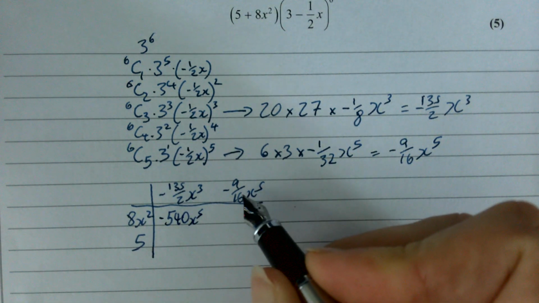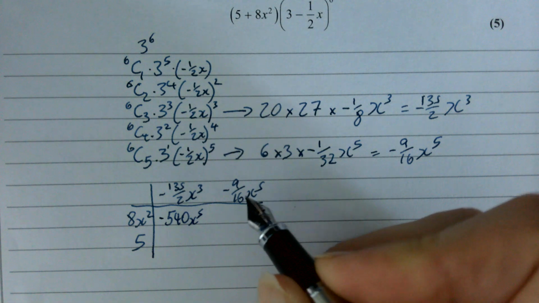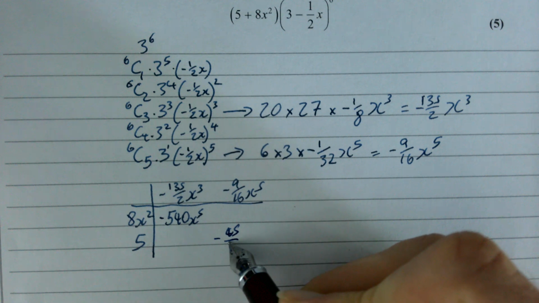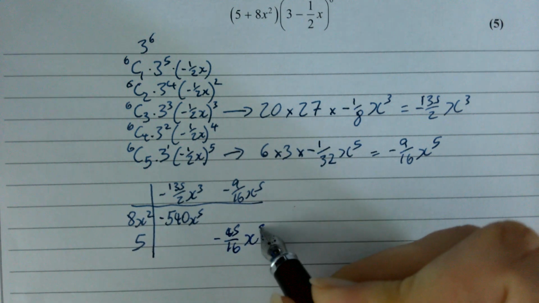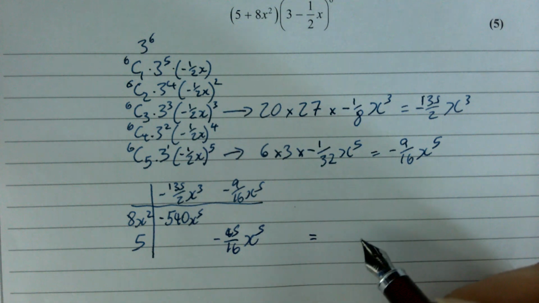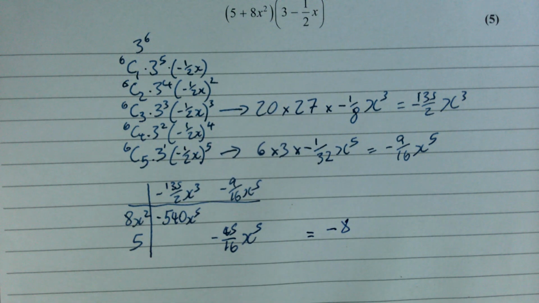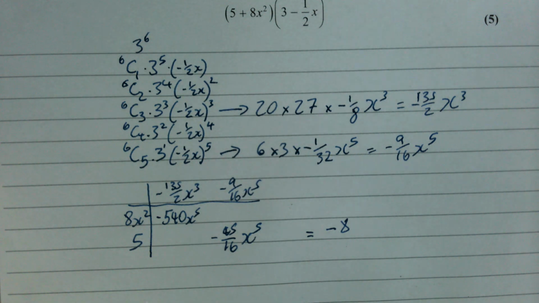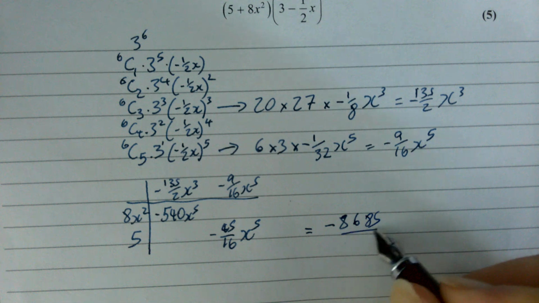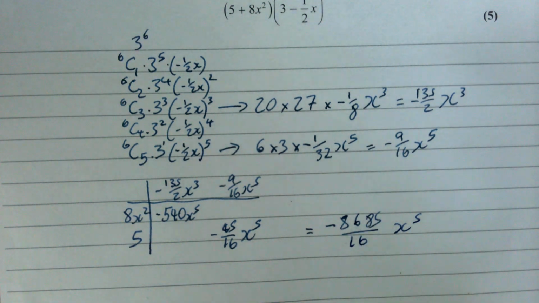And then this one times this one would give us negative 45 over 16 x to the power 5. Then we add those two together, and that gives us negative 8,685 over 16 x to the power 5. So that is the coefficient we're looking for.